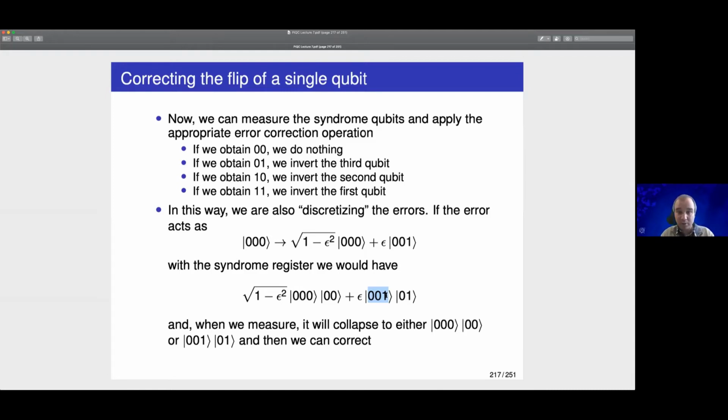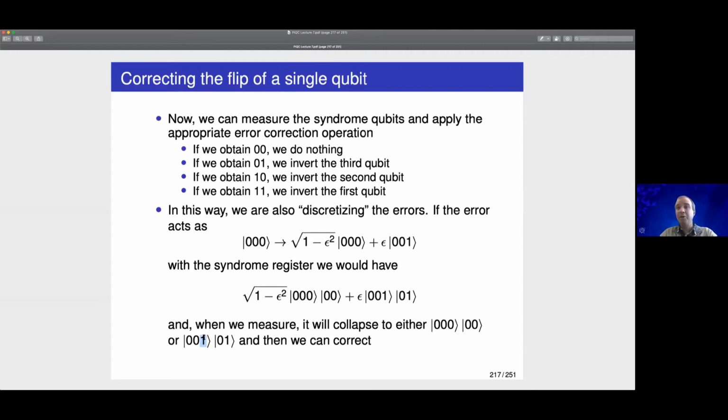But when we measure, we realize either a situation in which no error has occurred, if we measure 0, 0, or in which an error of a complete flip of one of the qubits has occurred if we measure 0, 1. And then we can correct. If we obtain 0, 0, we do nothing. If we obtain 0, 1, we flip this qubit back to the 0 state.